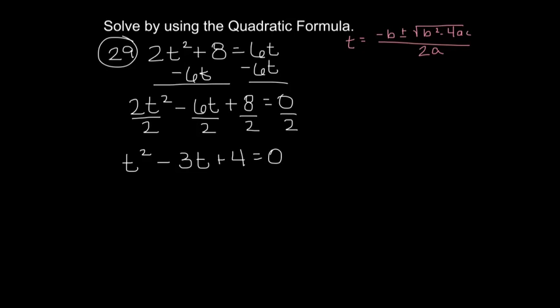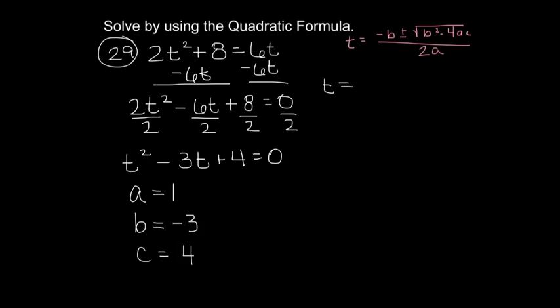Okay, if I identify A as whatever is with the quadratic term, in this case the t squared is by itself, so A is understood to be 1. B is whatever's with the linear term, so that would be negative 3. And C is the constant, which is 4. If I substitute those into my formula, I get that t is equal to the opposite of b.